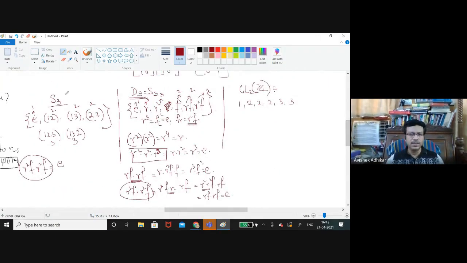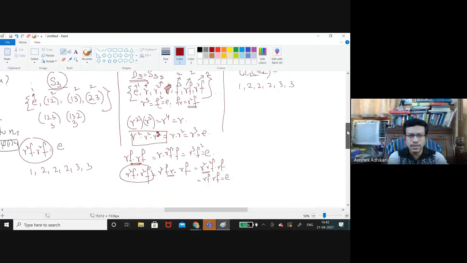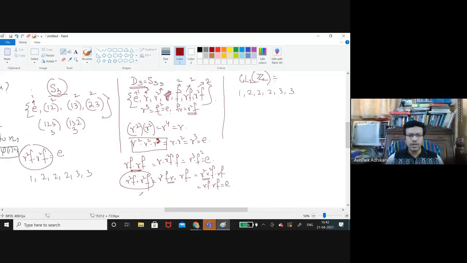In S3 we also had 1, then 2 2 2 3 3. In D3 we had 1 3 3 2 2 2.